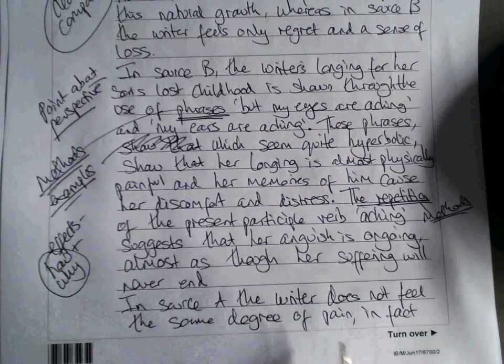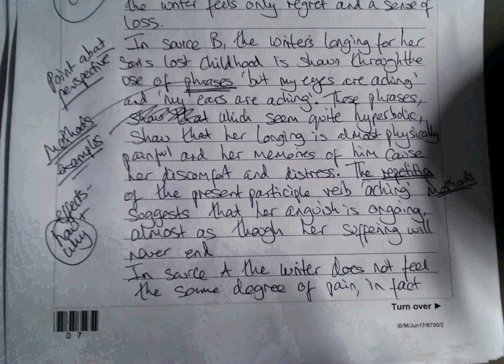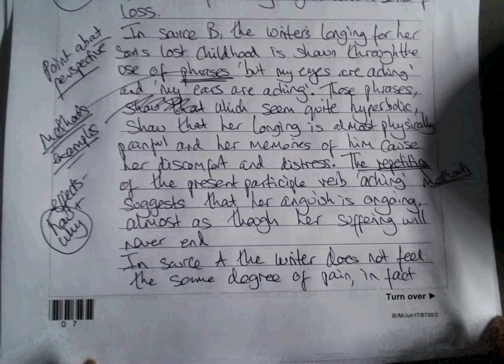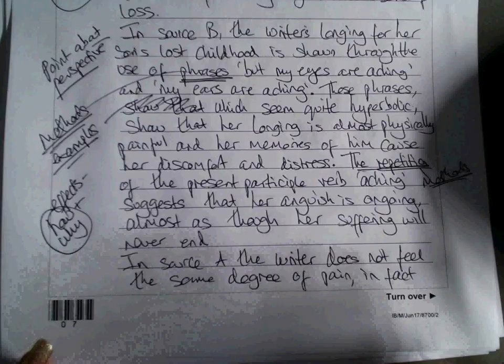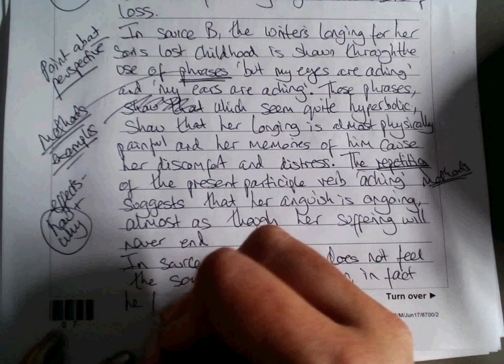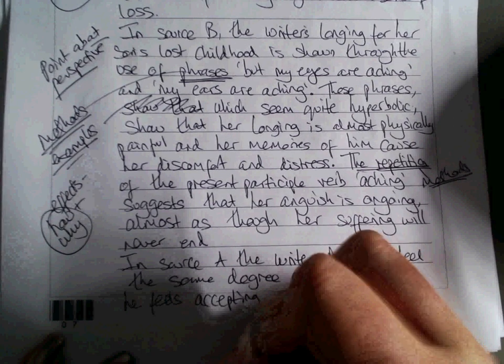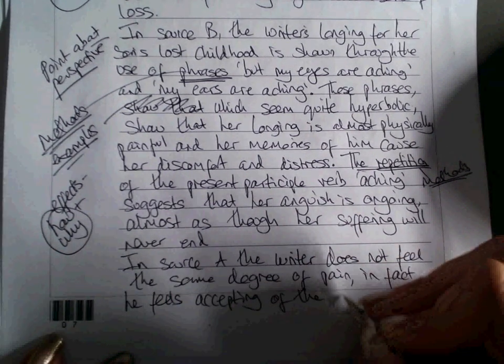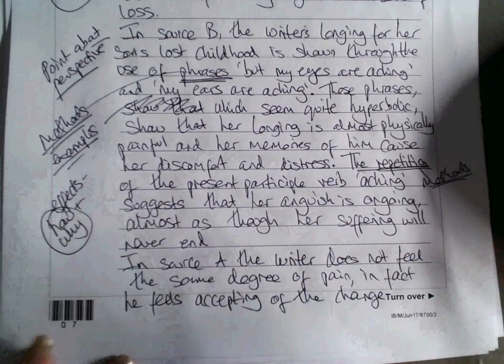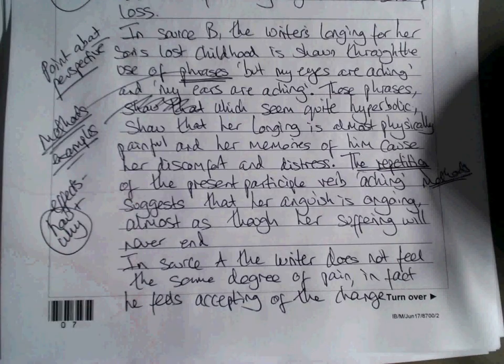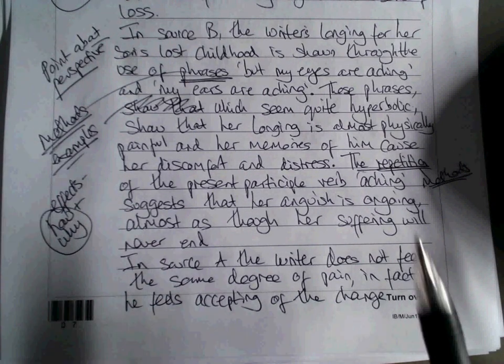In fact, now don't do this in your exam, don't write into the margins, you would turn over, but just so I can keep this all on one screen. I'm going to say, the same degree, in fact, he feels accepting of the change.